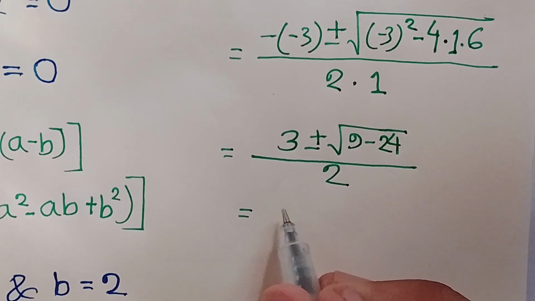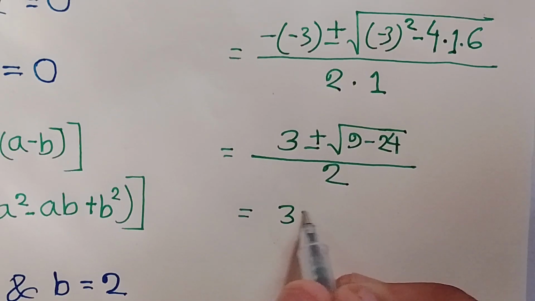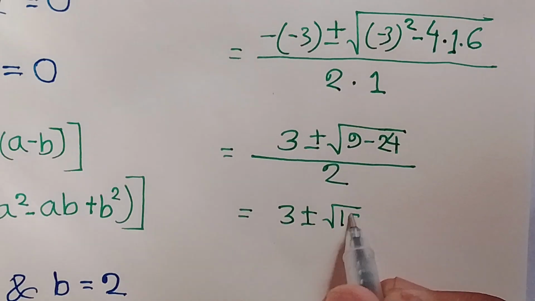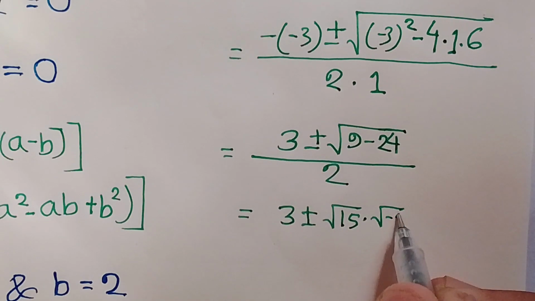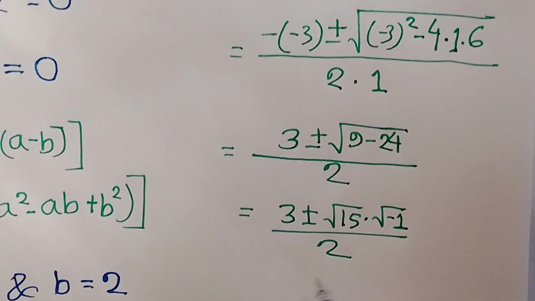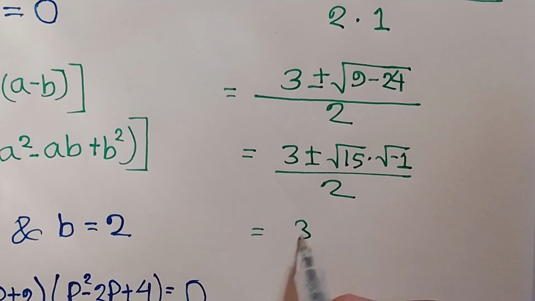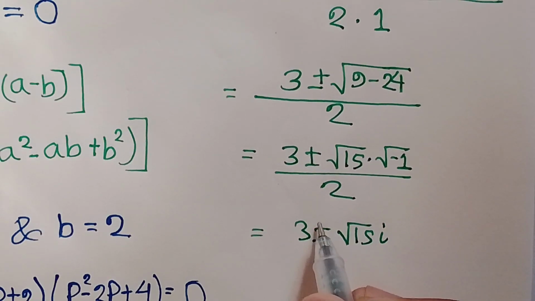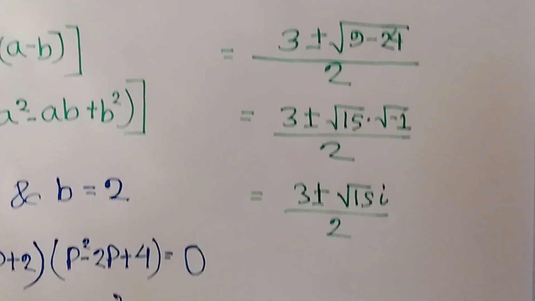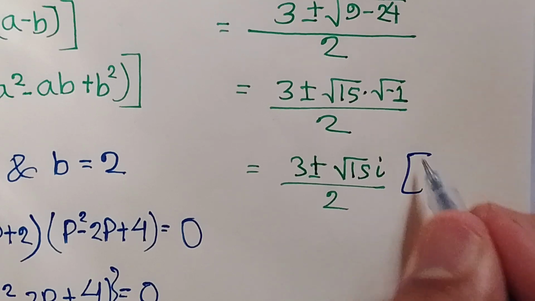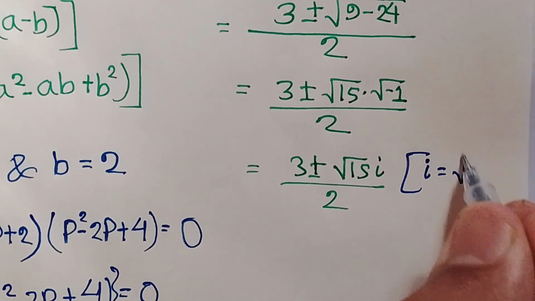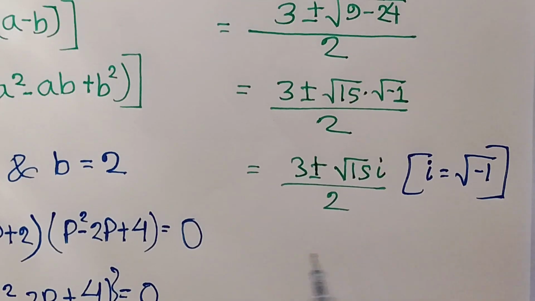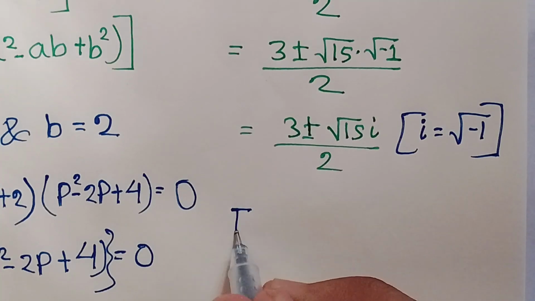So now it will be 3 plus minus root over minus 15 divided by 2. So we can write 3 plus minus root over 15 times i divided by 2. Why do we write i? Because you know the complex value i equals root over minus 1.